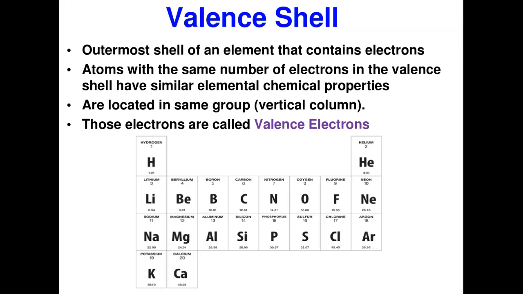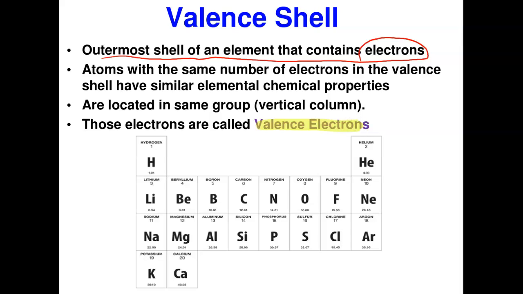Now, valence shell electrons. We'll now begin to understand what actually determines the chemical reactivity of an atom. The valence shell corresponds to the outermost shell of an element that contains electrons. Those electrons contained in this shell are called valence electrons.